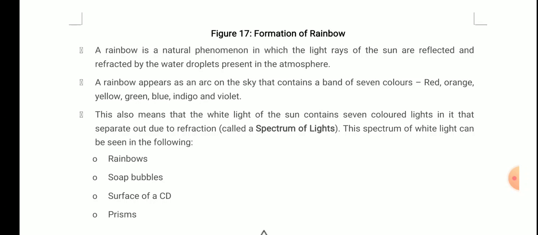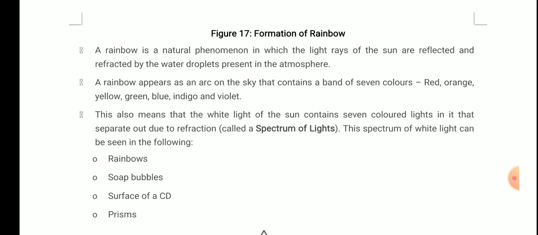A rainbow appears as an arc in the sky that contains a band of 7 colors, that is red, orange, yellow, green, blue, indigo, and violet. Or starting from violet also: violet, indigo, blue, green, yellow, orange, and red. This also means that the white light of the sun contains 7 colored lights that separate out due to refraction, and these 7 colored lights are called the spectrum of light.